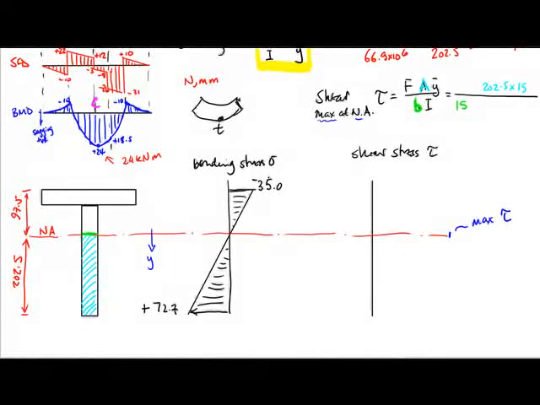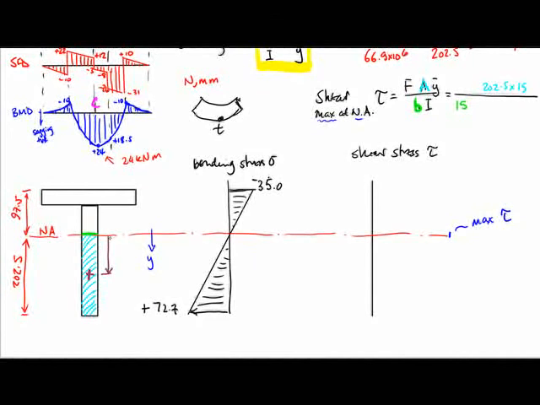Y bar, in the shear stress equation, is the distance from the neutral axis to the centroid of the area that I have cut and exposed. So the area that I'm talking about is this blue shaded area, so there is that centroid.